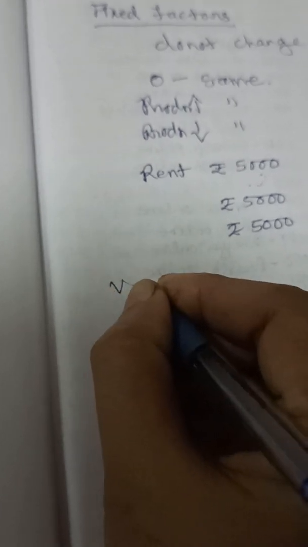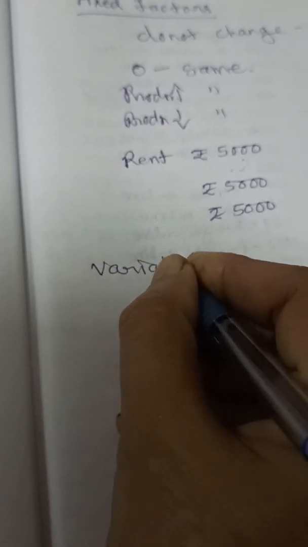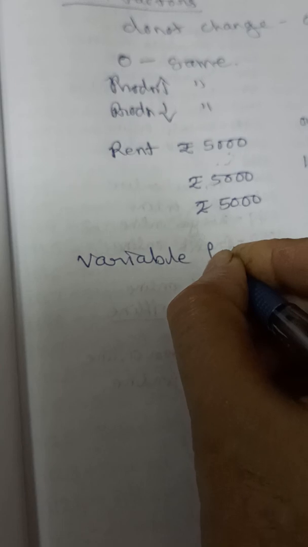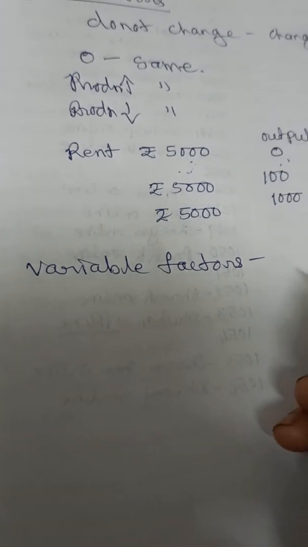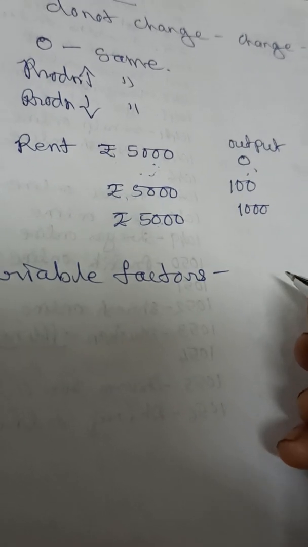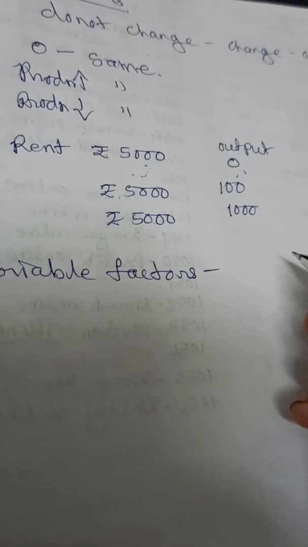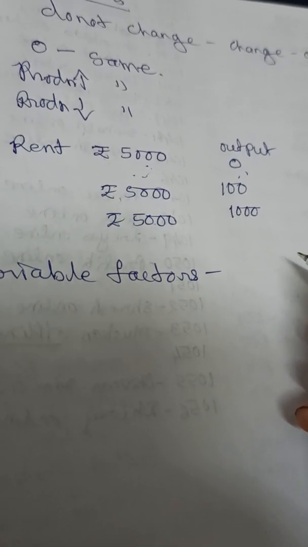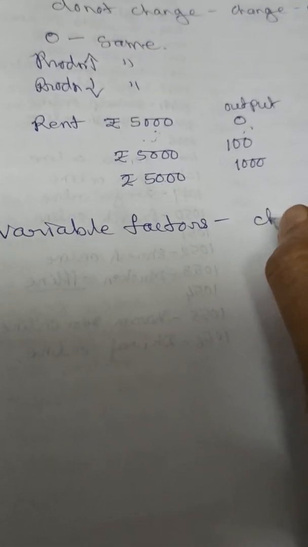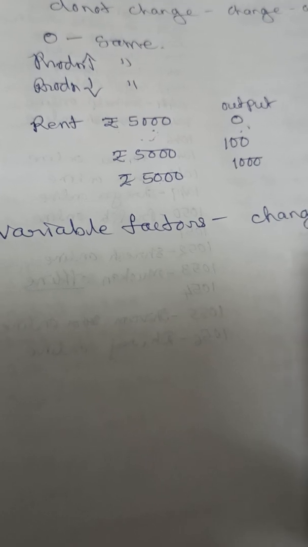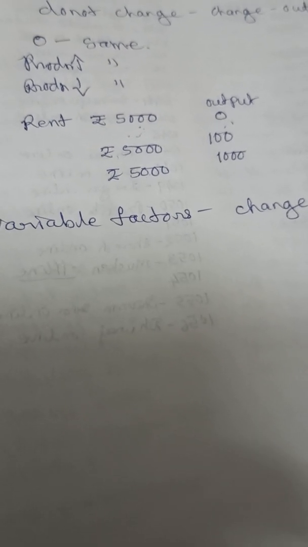Then the second one is variable factors. These factors will change as per the change in the production, or as per the level of production. These factors will change with change in output.